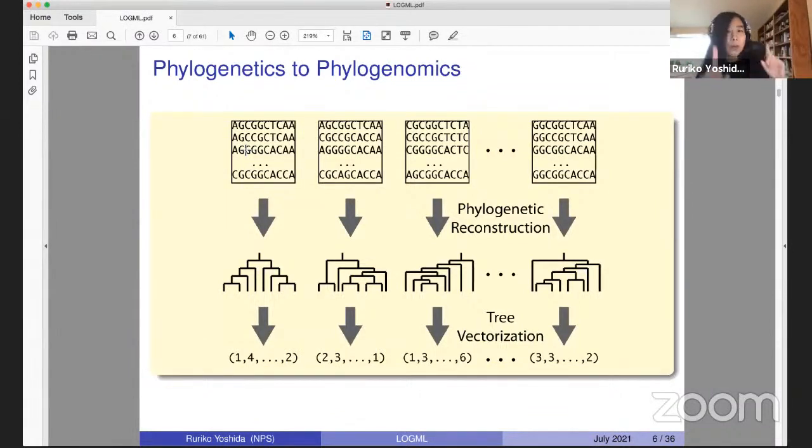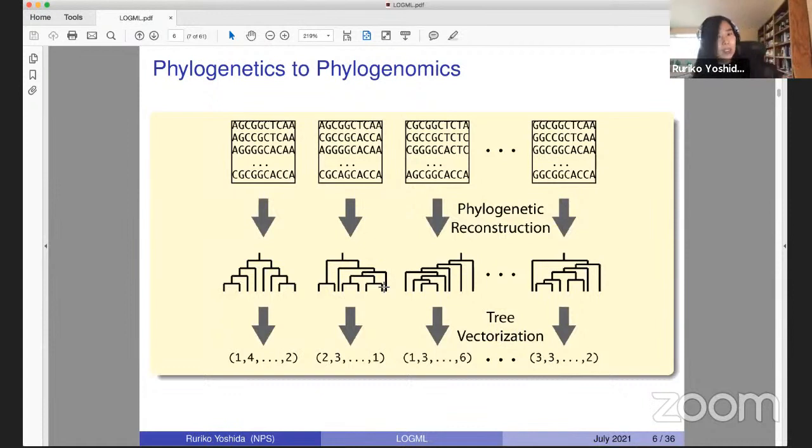But the problem is that trees are not vectors. I'm going to let you know how we're going to vectorize them, from sequence to trees, and from trees to our process. However, when we vectorize the tree, we still have to capture the information of the tree topology, which means the shape of the tree.